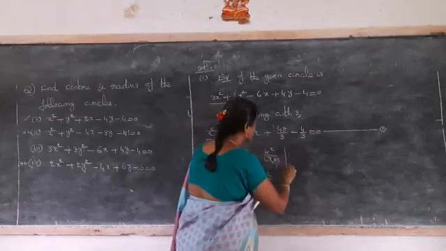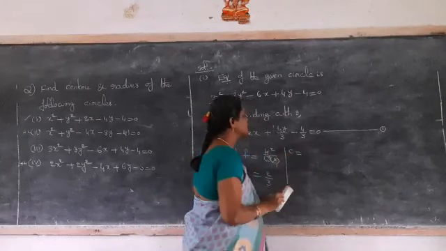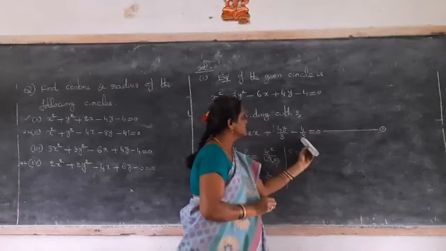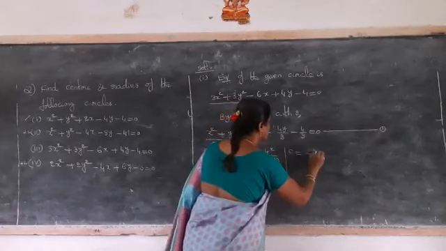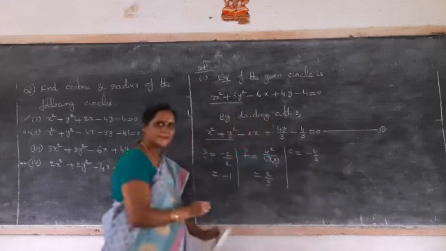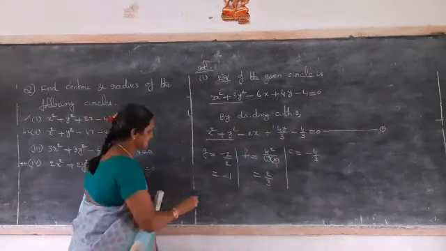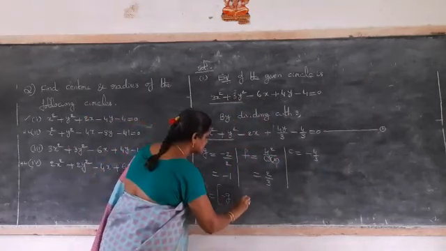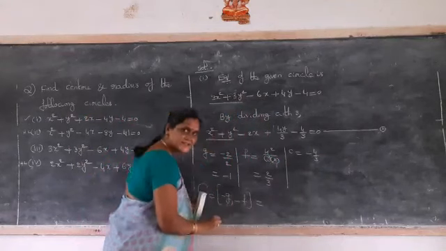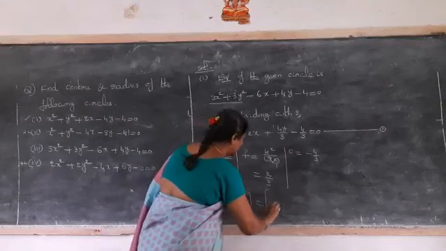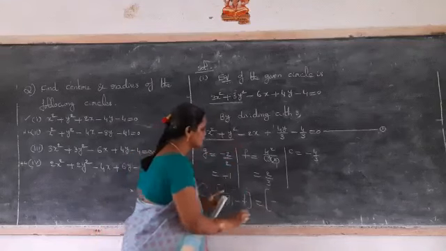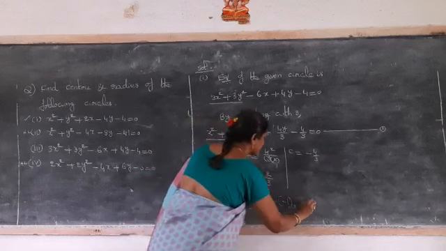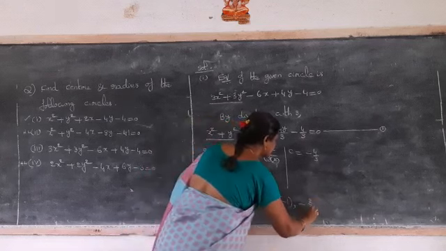Next we want to see C is equal to formula constant number. Here constant is minus 4 by 3. Now I find the center. Capital C is equal to formula minus G comma minus F, which is minus of minus 1 comma minus F, that is 2 by 3.